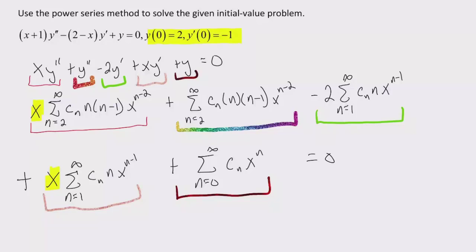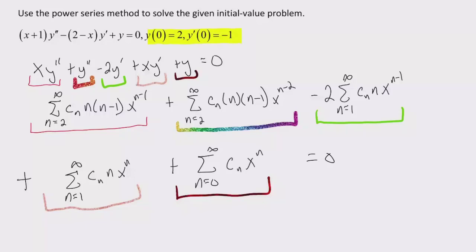So the part that says x to the n minus 2 is going to become x to the n minus 1. And this is just going to become an n when I add 1 to that. Okay, so that's one challenge addressed.